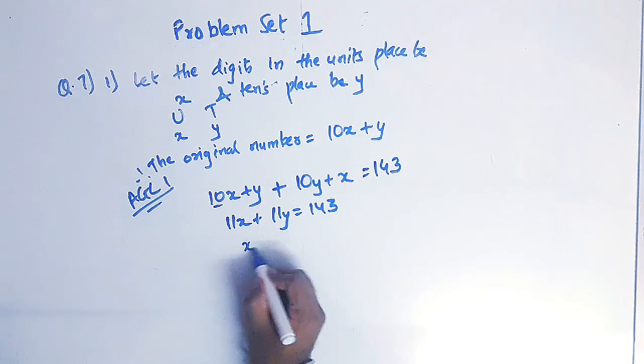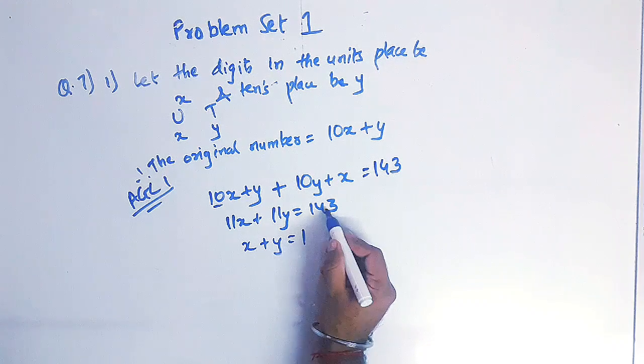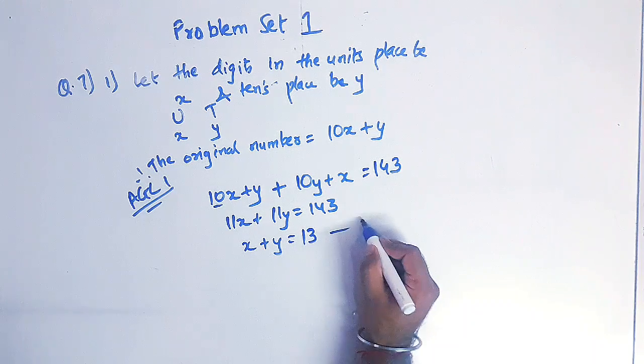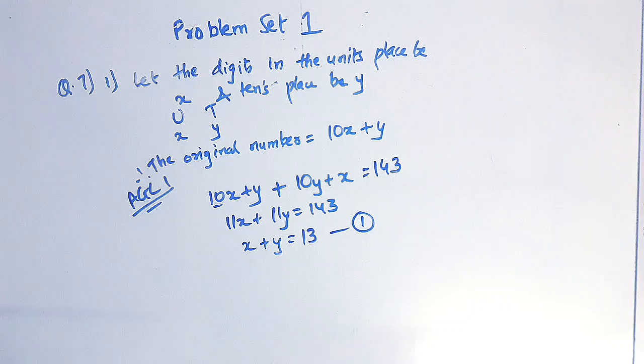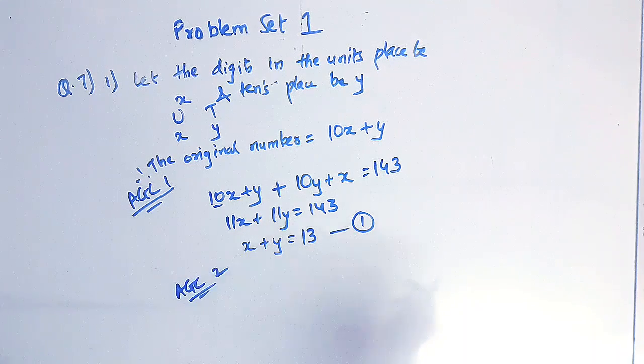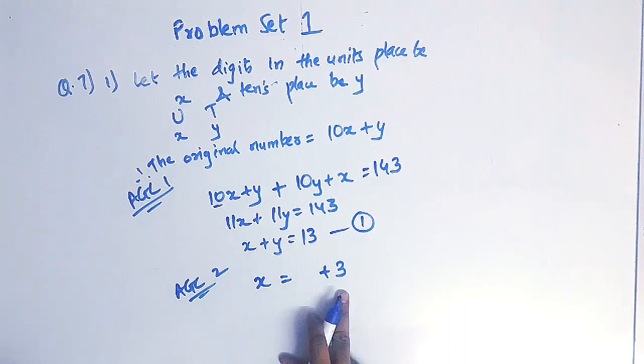If I divide this by 11, it is x plus y equals, what you will get: 11 ones are 11, 3 remains, 11 threes are 33. So your first equation is x plus y equals 13. Now the second condition they have given is the digit in the units place is 3 more than the digit in the tens place. So it is x equals y plus 3.